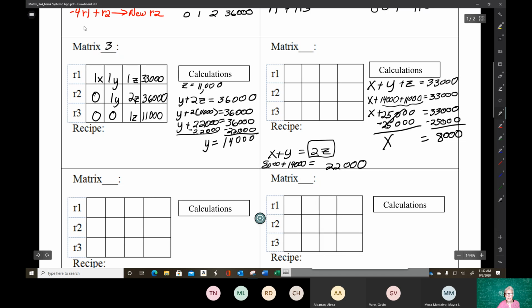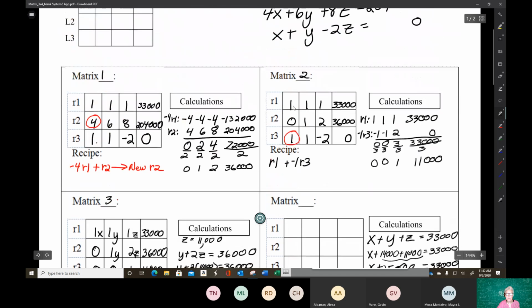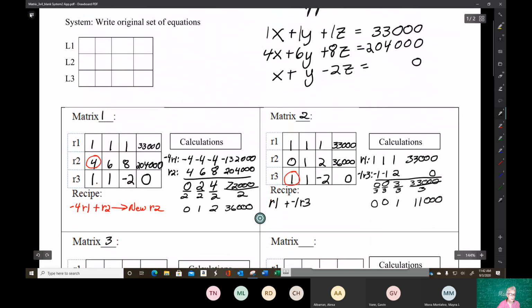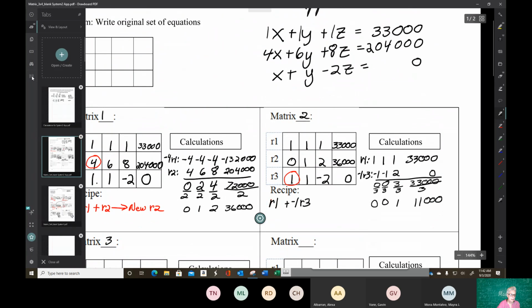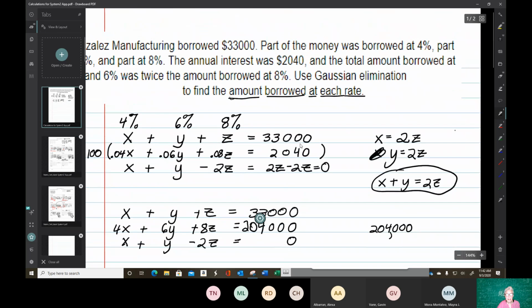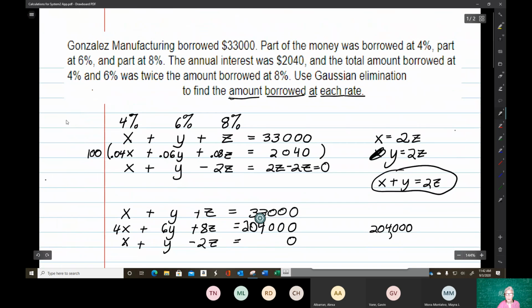Now, it all depends on exactly what the writers of the problem meant. Let me save this and then switch back to here. It all depends, and that's why word problems drive people crazy. It all depends on what the writers of the problem meant when they said the total amount borrowed at 4% and 6% was twice the amount borrowed at 8%.